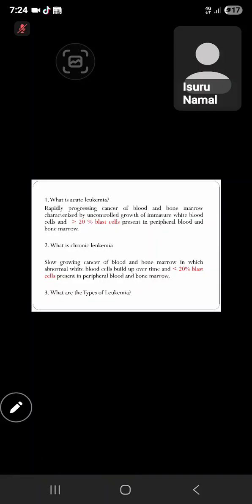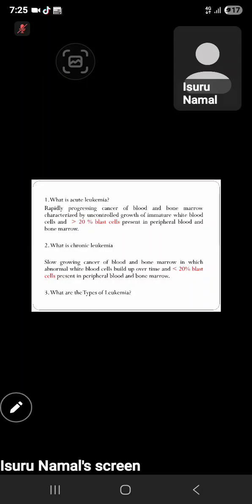Acute leukemia is a rapidly progressing cancer of blood and bone marrow, characterized by uncontrolled growth of immature white blood cells. That is because of maturation arrest, which may be due to a mutation. The maturation of your white blood cells is arrested.